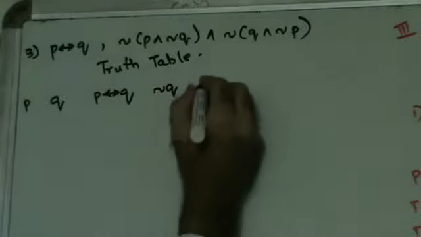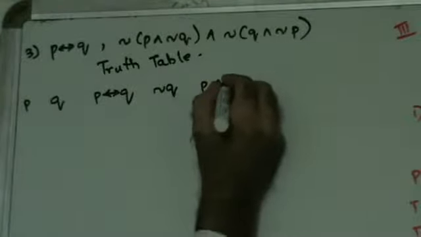P, Q, P biconditional Q, right? Now I need not Q, then I need P and not Q, then you need not of P and not Q, right?